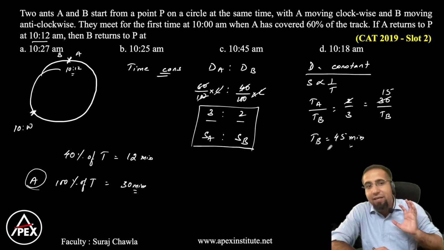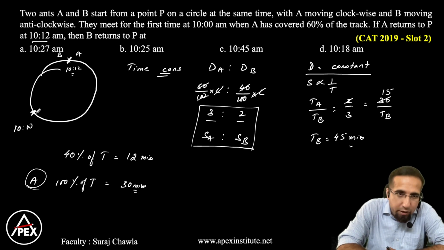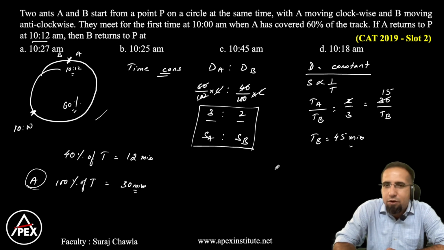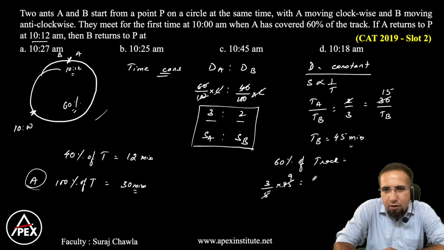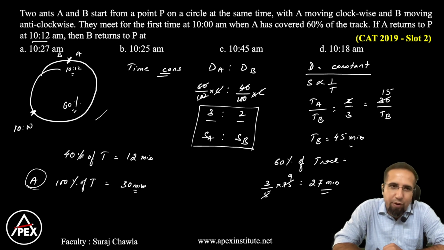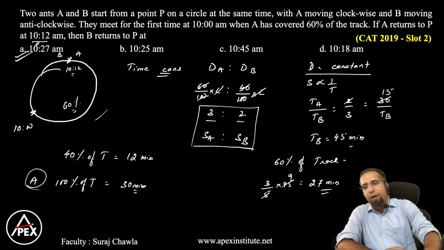But this is to complete one length of the track. If B has to reach P, B has to only cover 60% of the track. So if 100% of the track is in 45 minutes, then 60% of the track we will cover in 3 by 5 of 45, that is 27 minutes after 10 a.m. So B will reach P at 10:27 a.m.